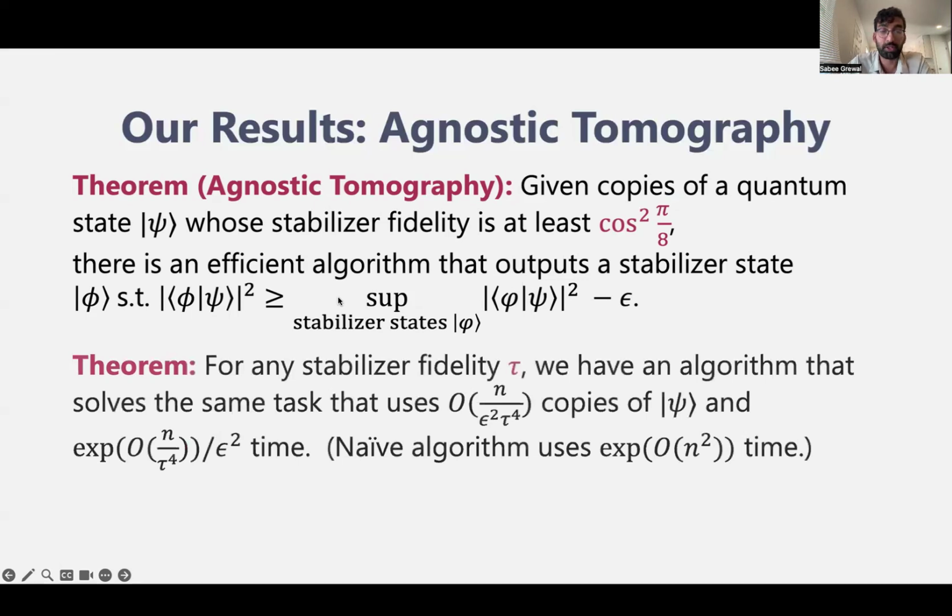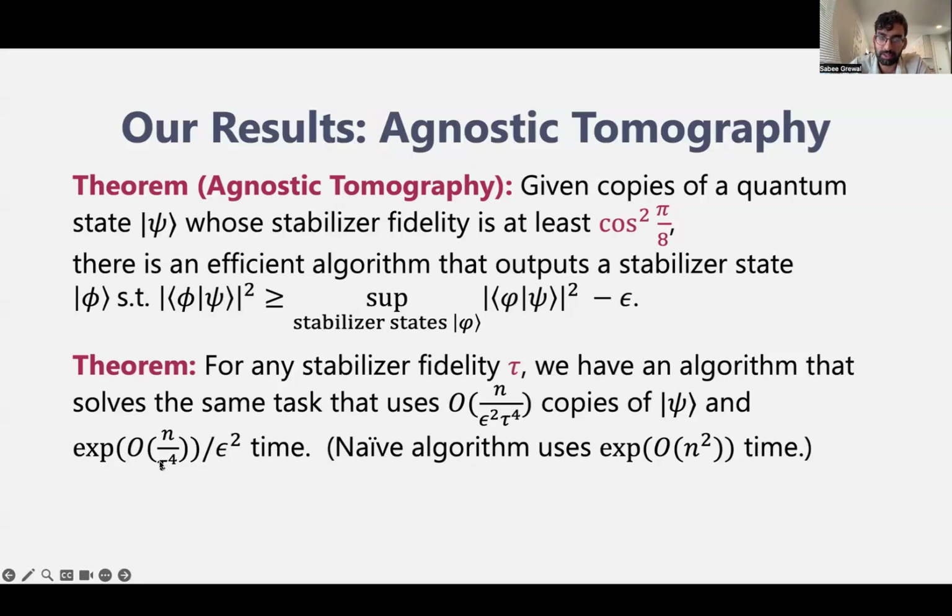We have a more general version of this algorithm that works for any stabilizer fidelity tau, but it comes at a cost. The algorithm solves the same task and uses roughly a linear number of copies, but it runs in time exponential in n. It's worth noting that the naive algorithm uses time exponential in n squared.